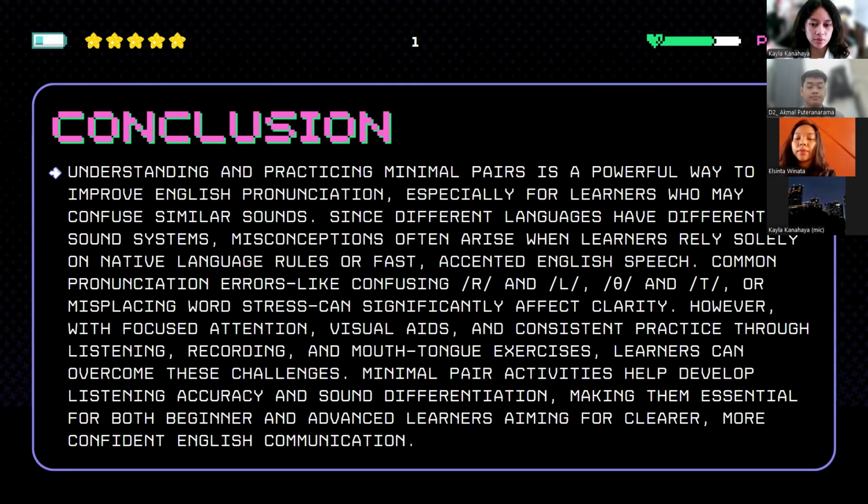Common pronunciation errors like confusing r and l or d and t, or misplacing word stress can significantly affect clarity. However, with focused attention, visual aids, and consistent practice through listening, recording, and mouth tongue exercises, learners can overcome these challenges. Minimal pair activities help develop listening accuracy and sound differentiation, making them essential for both beginner and advanced learners, aiming for clearer, more confident English communication.